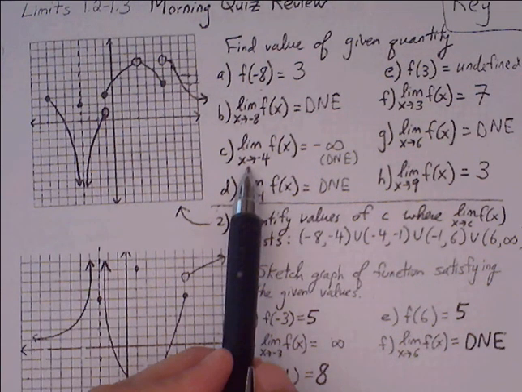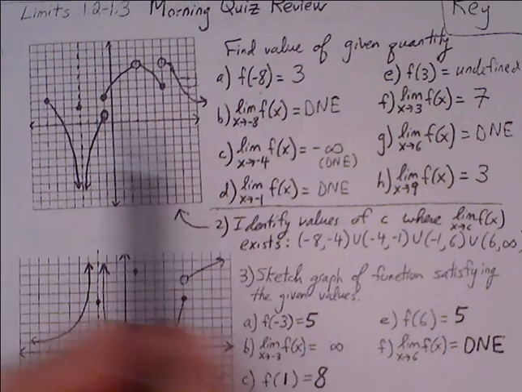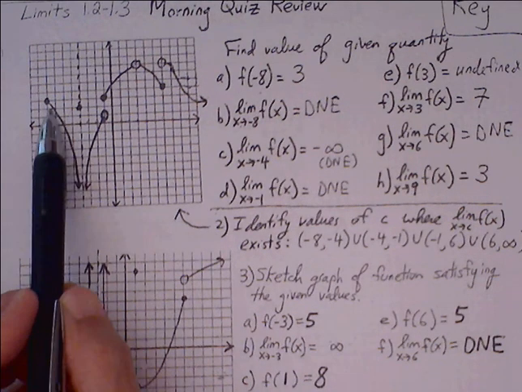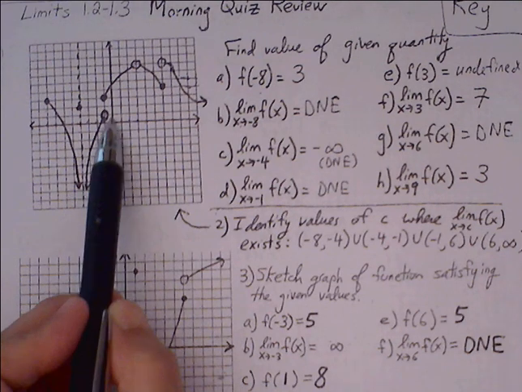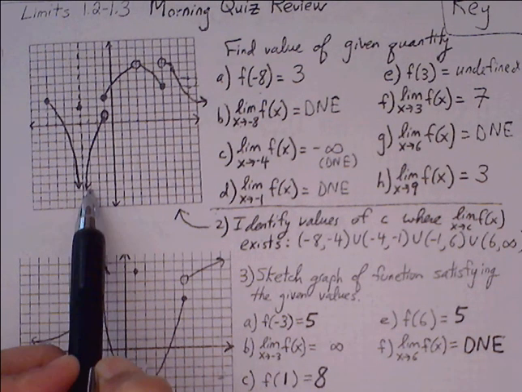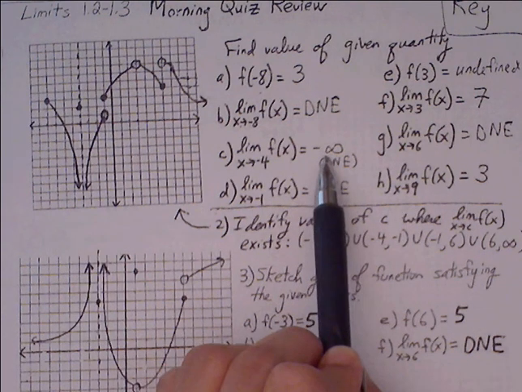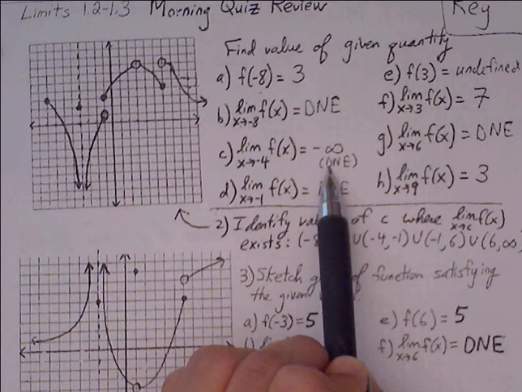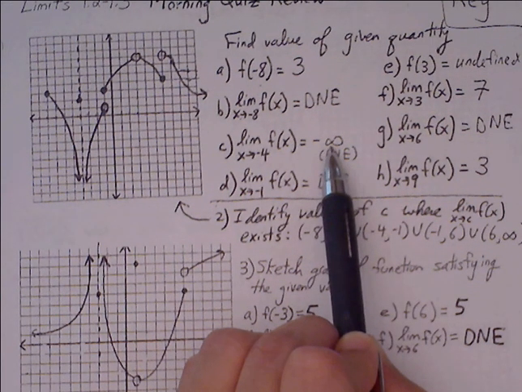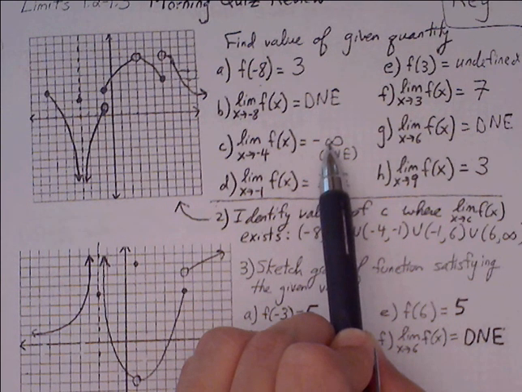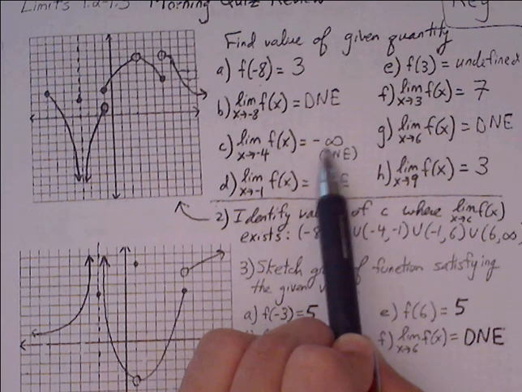For part C, the limit as x approaches -4. As we approach -4, we see that the left branch is going down towards -infinity. The right branch is also going down to -infinity. So the limit doesn't exist. This -infinity is not saying that the limit exists.